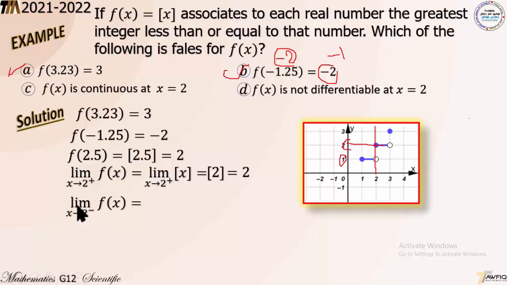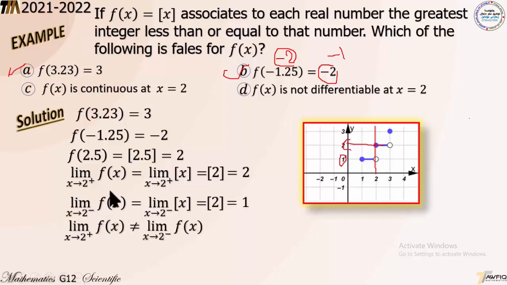But when we approach x to 2 from left, the limit is the floor of 2, which is equal 1, because when we approach 2 from left we take 1. The right limit is not equal to the left limit, so the limit does not exist. Because our function is not continuous at x equal to 2, this function is not differentiable. That means it is true. The correct answer is C.